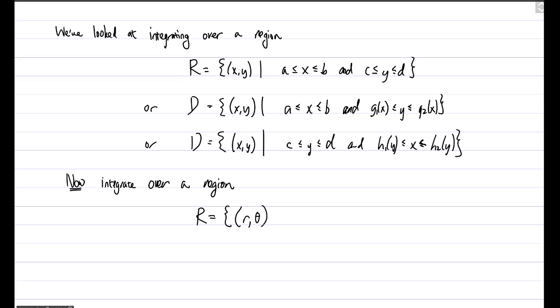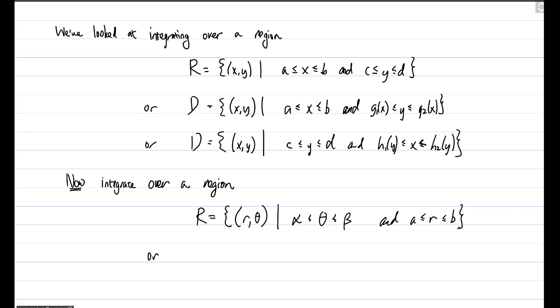You kind of can catch the drift of what's going on. We're going to use polar coordinates now to describe the region we're integrating over, where theta, in the simple case like back here, is stuck between two constants, which we'll call alpha and beta. And the value of r is stuck between two constants, which we'll just call a and b.